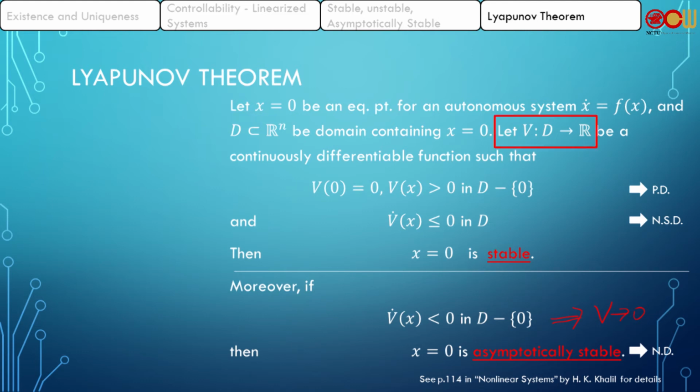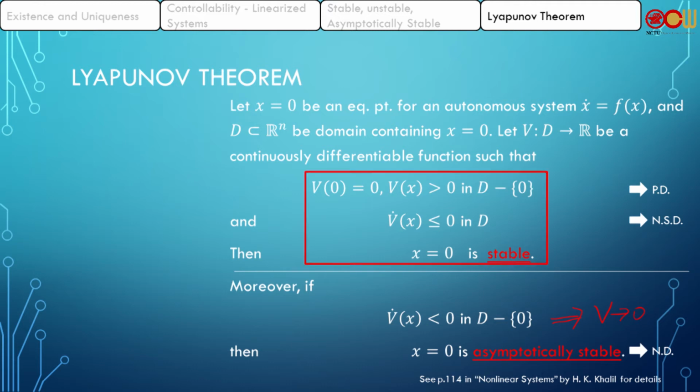This domain is for the state D, so it's mapping from D to some value. So V has to be a continuously differentiable function, C1. Otherwise the solution is not unique. If it only satisfies C0, the solution only exists, but is not unique.